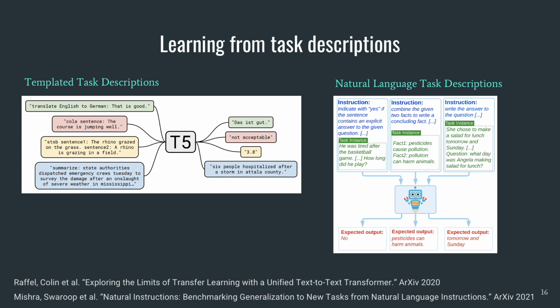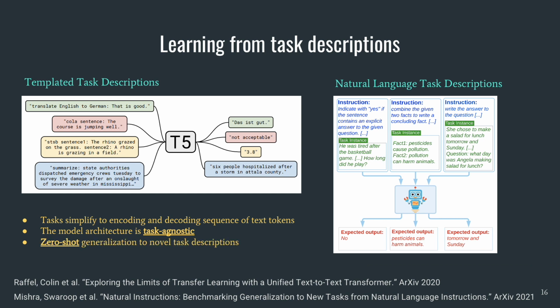Learning from task descriptions offers several attractive properties. Task descriptions can simplify a large number of NLP tasks to encoding and decoding a sequence of text tokens. In turn, this allows the model architecture to be task-agnostic as long as it supports encoding and decoding of text tokens. Finally, task descriptions offer the possibility of zero-shot task generalization, that is, the ability to solve new tasks described in natural language that the model was not trained on.